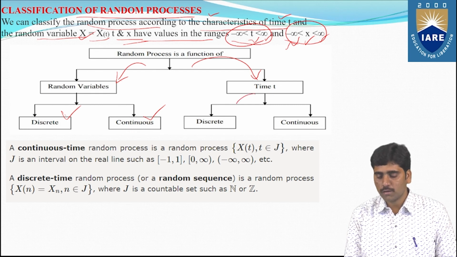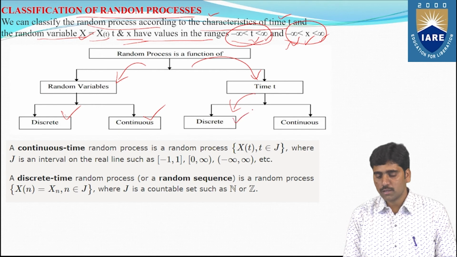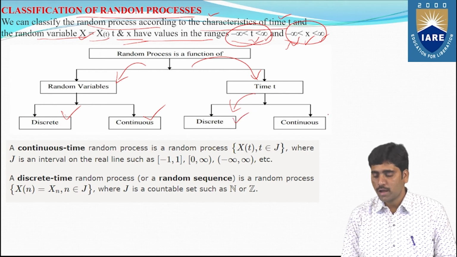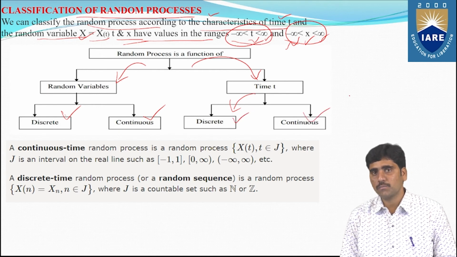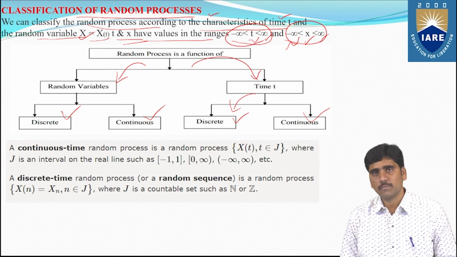Similarly, the random process belongs to the time t also, having the same two types: discrete random process and continuous random process.